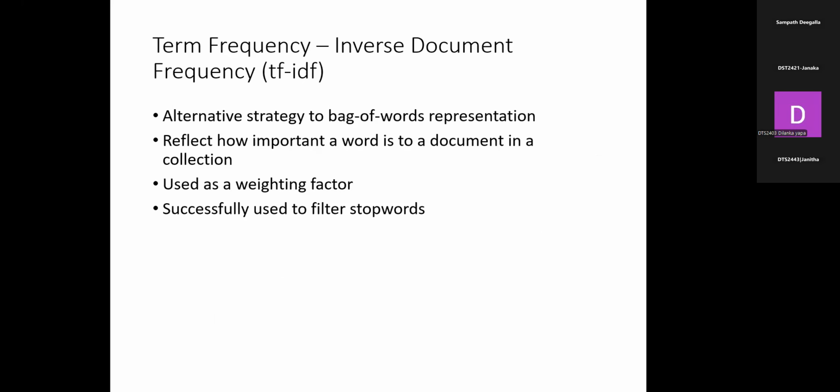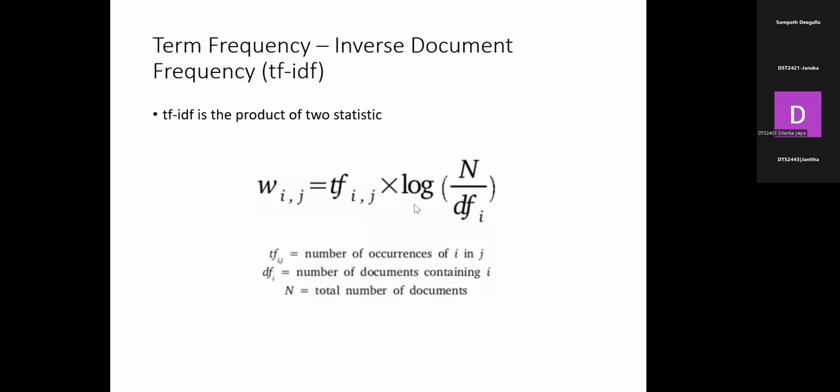So there's another representation called term frequency, inverse document frequency, which considers how many times the term appears in the document and uses the inverse document frequency to handle this issue, right? So it's two statistics we use here. We have a term frequency as well as inverse document frequency, where we take the total number of documents and divide by the number of documents containing the particular word i.